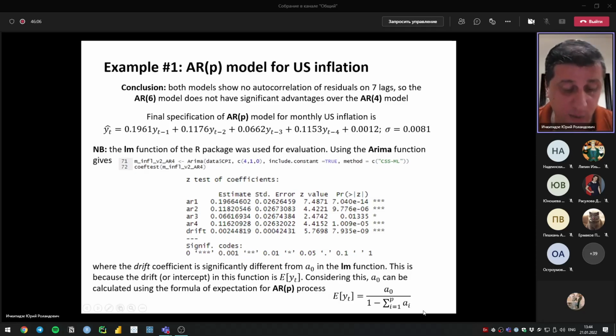That is, in order to turn this 0.24 coefficient into something like 0.12, you must calculate A0 using this formula. Then A0 will turn out to be close to this value. This is the small important feature of this function, so please pay attention to it. That is, the drift parameter in the ARMA function is not a zero from the autoregressive process.